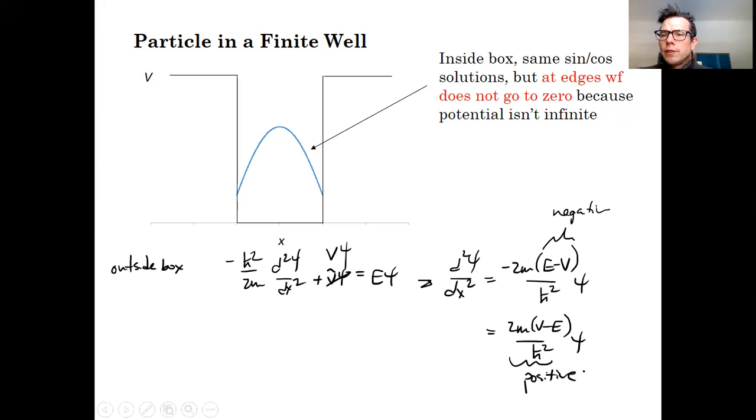And we get on the surface something which looks really similar to the traditional particle in a box. The catch is that here, this is positive. In the particle in a box, we had a negative constant out front, and that introduced the imaginary terms, e to the ikx. In this case, because these constants are positive, the solution outside the box looks different.